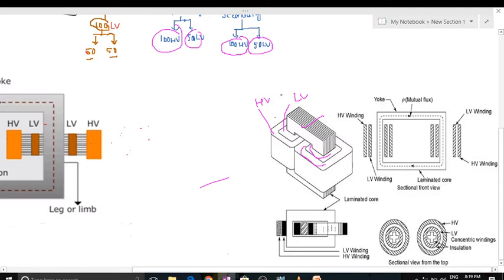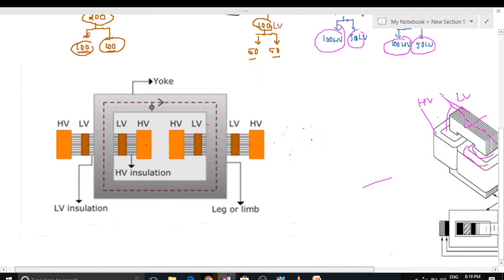If we cut this total part, it will appear like this. This is the LV, and this is the HV. The first one, near the core, is the LV, and after that the HV is there. This view I have represented here.